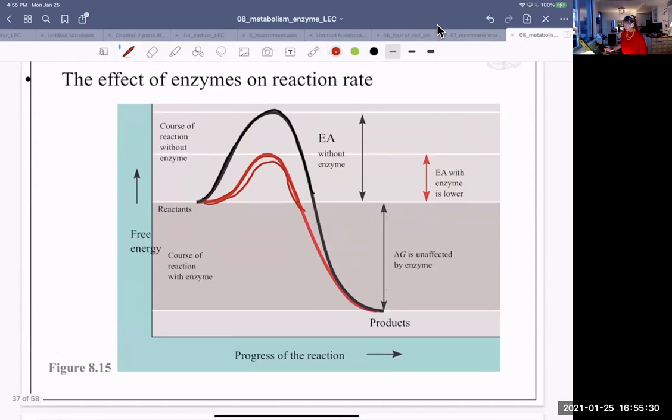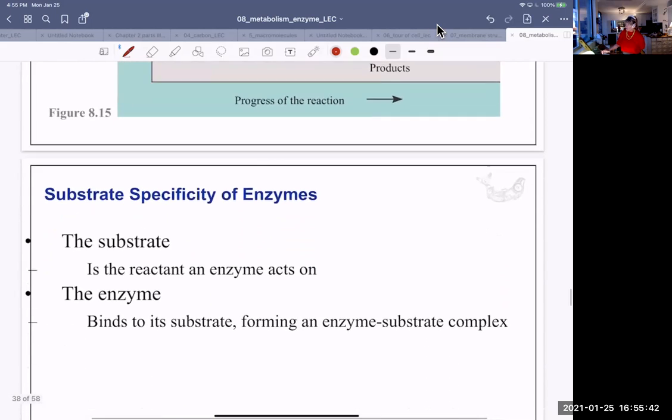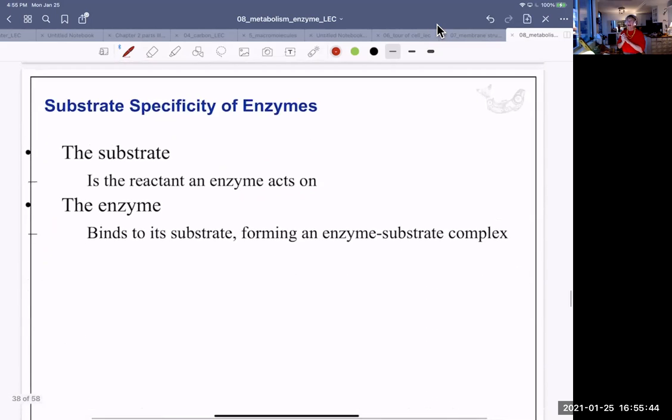So how does it do that? Well, we'll get to enzymes in a moment. We can see how the enzyme actually lowers that activation energy. Usually it's just by bringing them together.